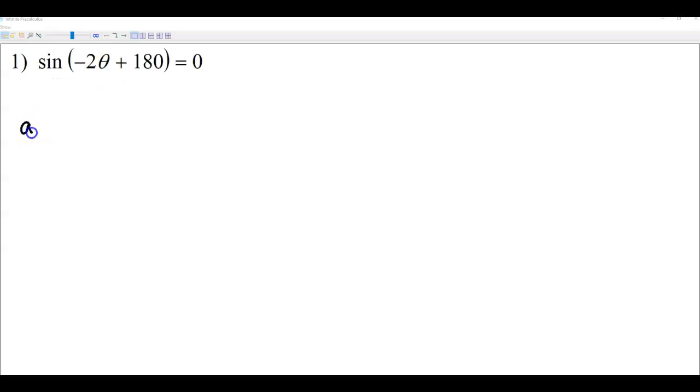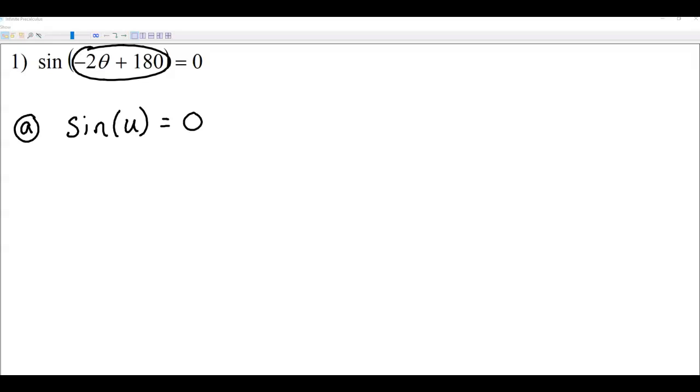The first step is to replace this whole thing here, everything inside the parentheses, with a simple letter. And I'm just going to always use u. So let's pretend like there's not a whole bunch of stuff in there right now. And let's just pretend it's a regular sine function where sine of u equals 0. Well, let's go ahead and solve that. We're going to be using our unit circle for this.